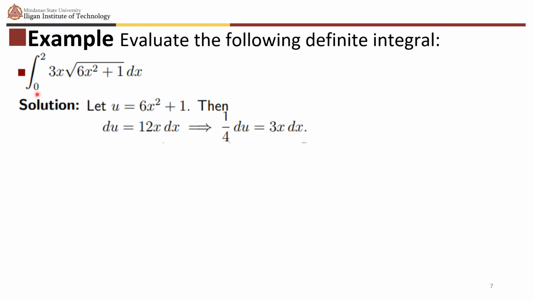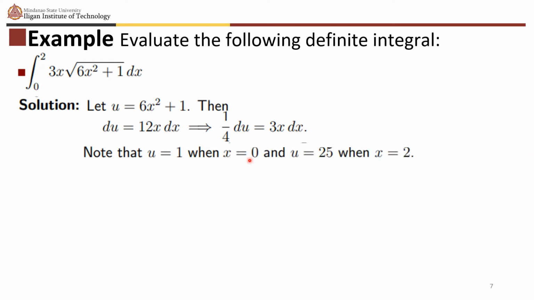Now, we try to take a look at the limits of integration. Because we substituted u to be equal to 6x squared plus 1, then we have the following. When the value x equal to 0 is substituted to u, then you will have 6 times 0 squared plus 1 is equal to 1. So you have u equal to 1.